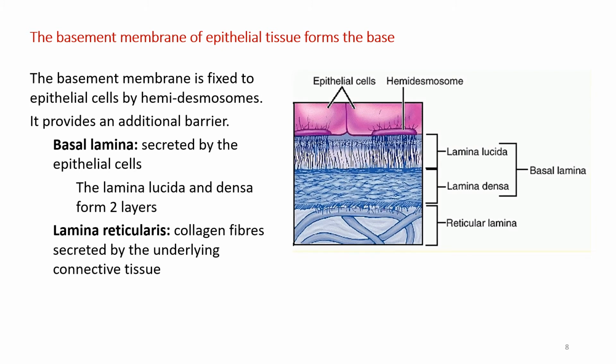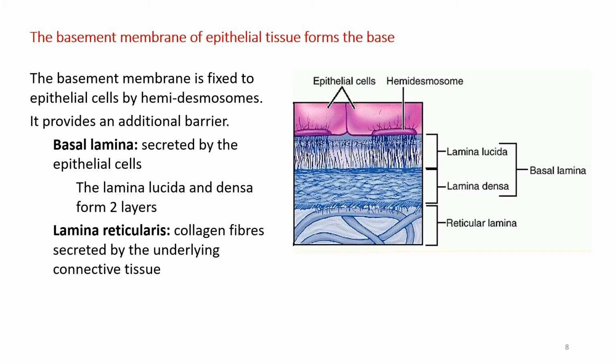We have sort of two parts to it, really. We have the basal lamina, which is closest to the epithelial cells, and that's divided into the lamina lucida and densa. That's not terribly important, and they're named really because of how they appear in a microscope.